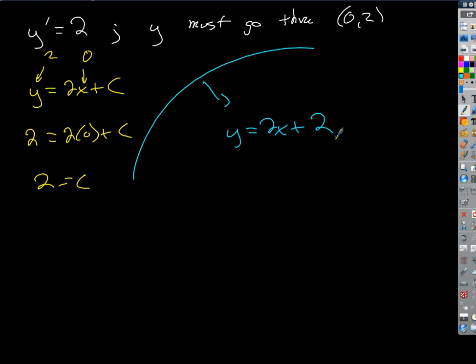Okay, if we say that this is what we call a general solution, because it gives us the whole family of curves, then we say that this guy right here is a particular solution.